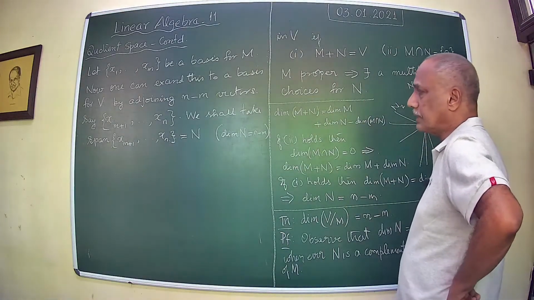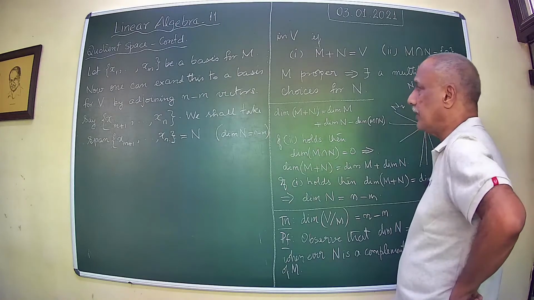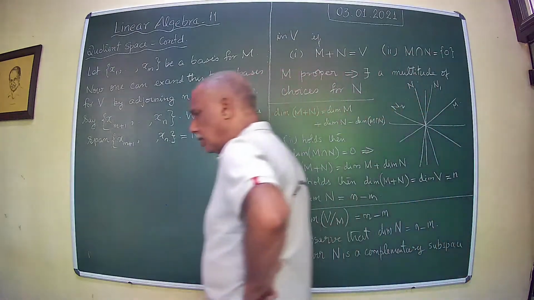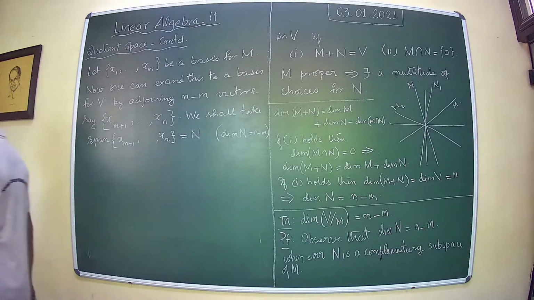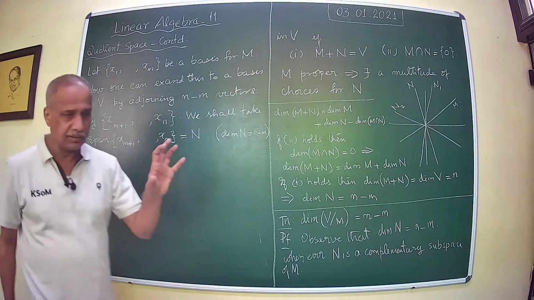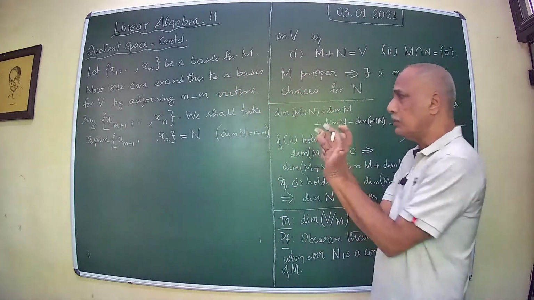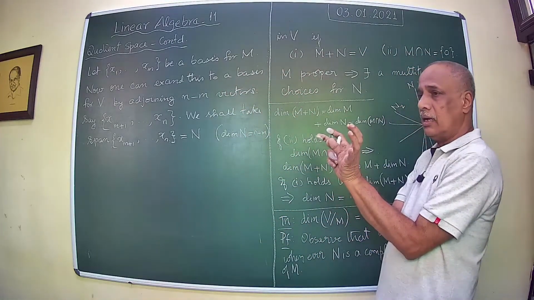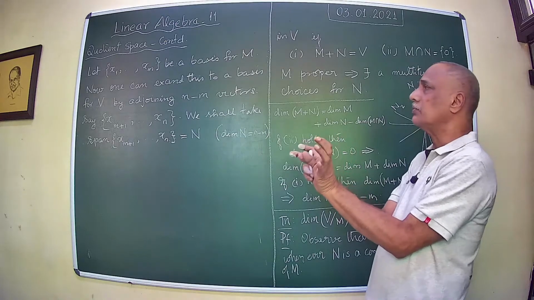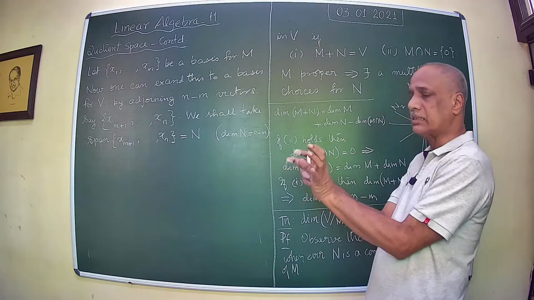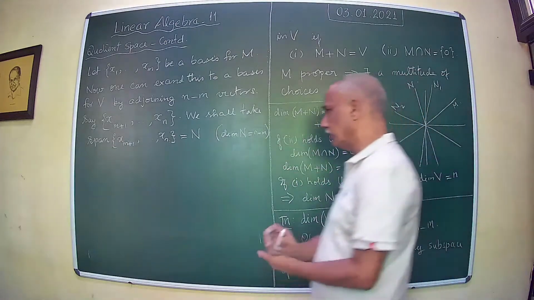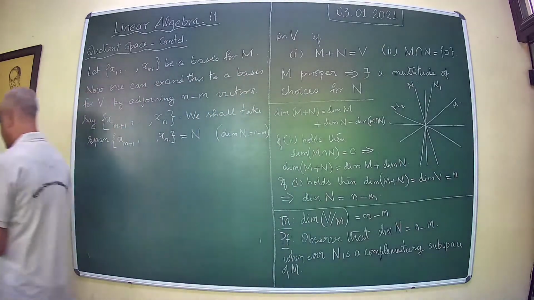Or you can also say that you start with M, choose a complementary subspace N, and then take a basis for M, take a basis for N, put them together, they together make a basis for V. That is quite easy to prove. Okay, so that is one way of doing it.